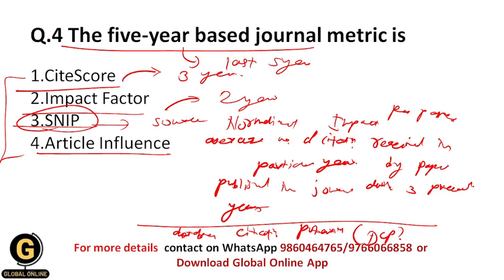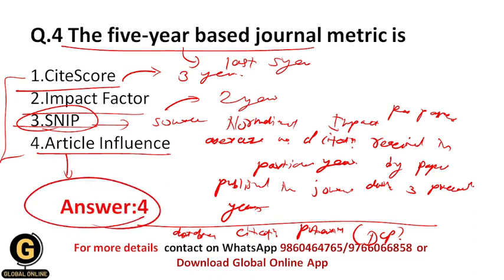Okay, so this is nothing but the formula for SNIP, and I have given you the full form for SNIP. Now let us see what is article influence. Like I have told you earlier in this video, article influence is calculated by dividing the eigenfactor score by the percentage of all articles recorded in the journal citation reports that were published in a specific journal. And that's why your correct answer for this question is 4, article influence, because this is the 5-year based journal metric, because here you are dividing the eigenfactor score, which is the ultimate overall importance of a specific journal, by the percentage of all articles recorded in the journal.